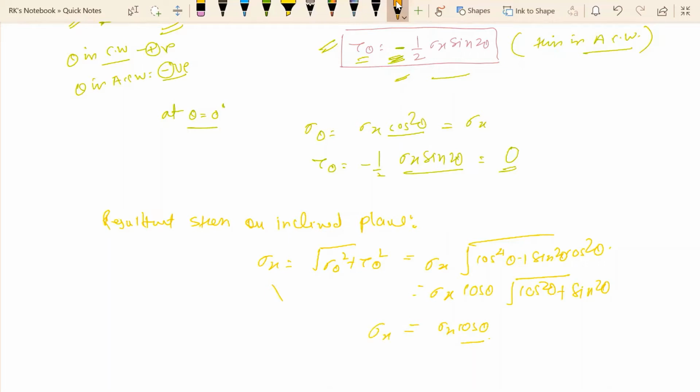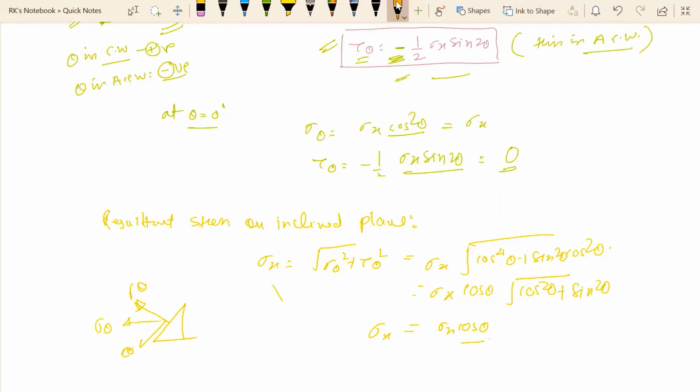Now we can find the inclination of sigma r with the normal stress. If this is our plane, this is sigma theta, this is tau theta, and the resultant of these two would be here, this is sigma r.